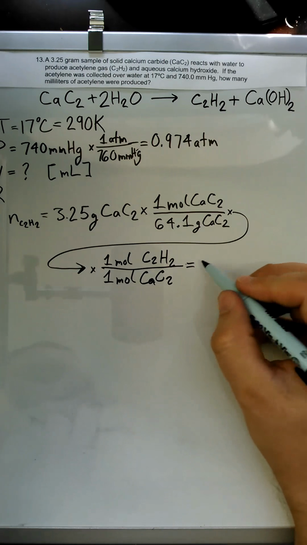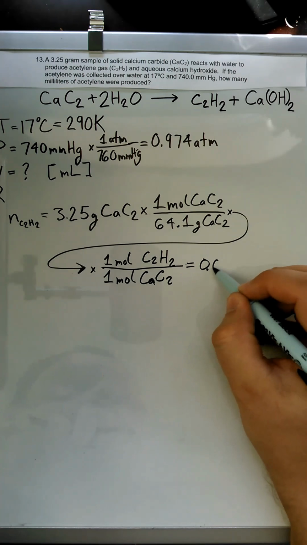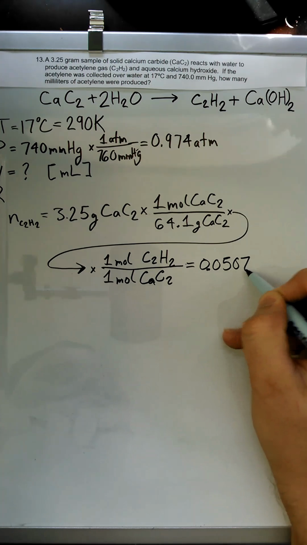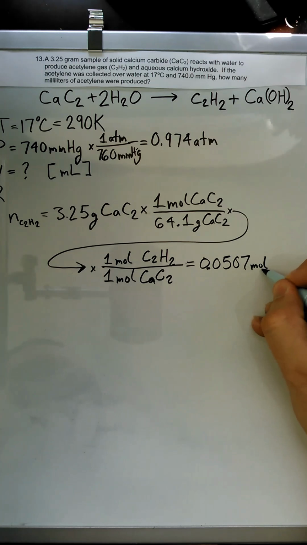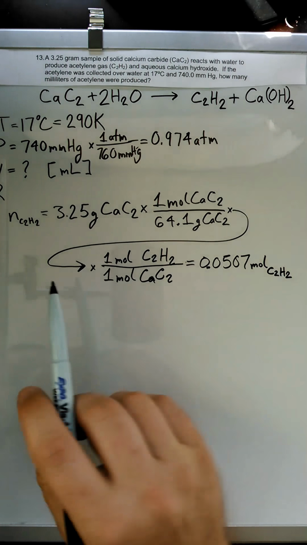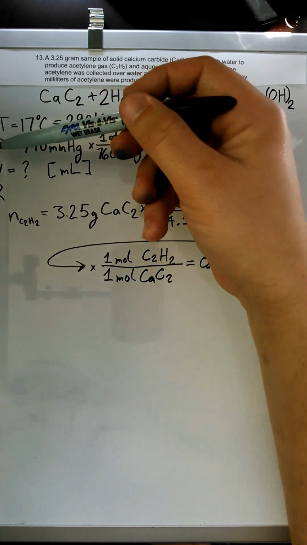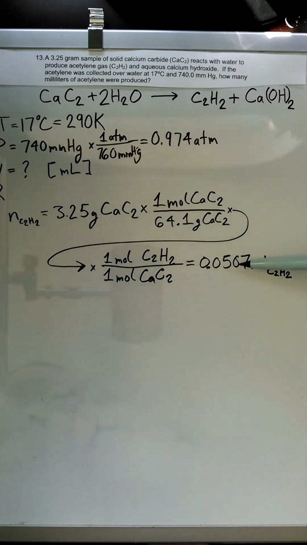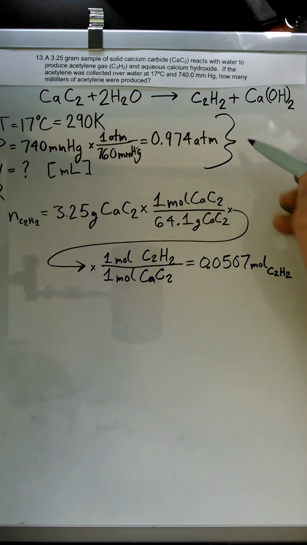And this will give us 0.0507 moles approximately of the acetylene gas. So we now have our temperature, pressure, we know R, and we have the number of moles of acetylene gas. Just a quick note, remember these are all for acetylene.